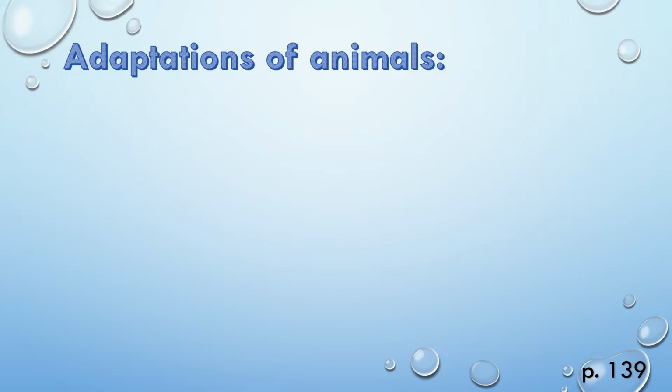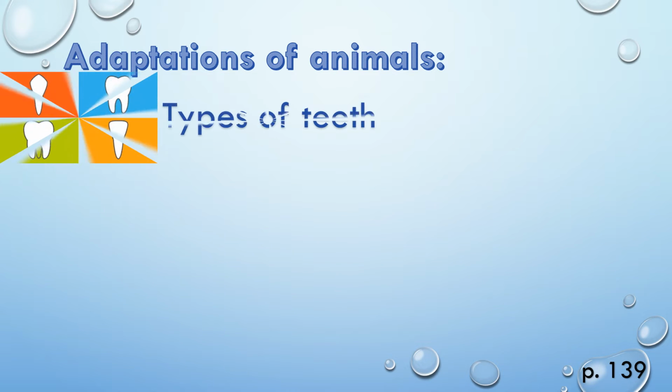When we look at animals, we also talk about how they have different adaptations. Once again, we're still on page 139 in your book. The number one thing that we look at on how they are classified and one of their adaptations is that they have different types of teeth, right? So we have incisors, canines, premolars, and molars. The molars, once again, are those large, wide, flat teeth that are there to grind.